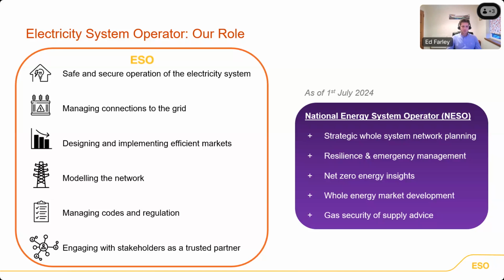And this is representation that we will become a government-owned entity, so we'll be separate from National Grid Group, and we're undertaking several additional responsibilities to ensure that we can get to net zero within the timescales that we're required to. So some of these are listed on the right-hand side of this slide.